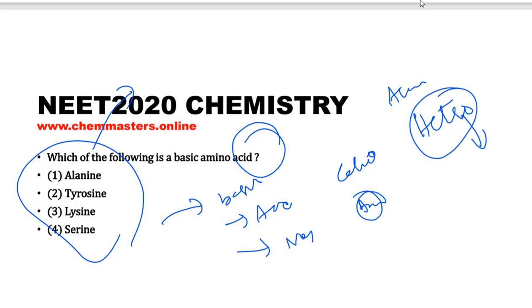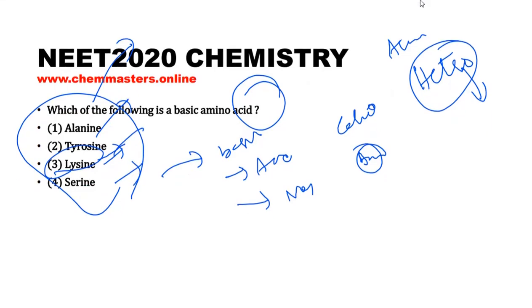So you may get different questions based on these concepts from amino acids. Okay, right, and the correct answer for this problem is lysine. So lysine is a basic amino acid. Try to check their structures. You can find the nature of them.